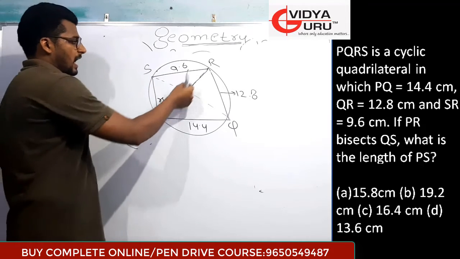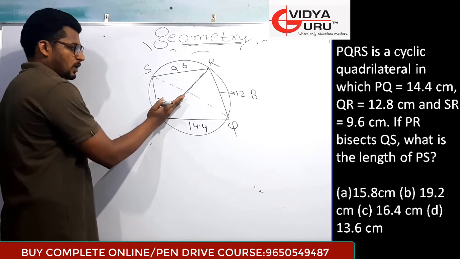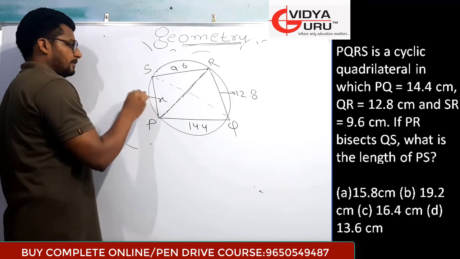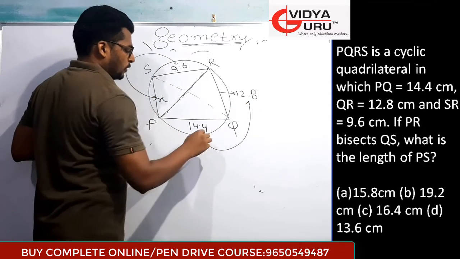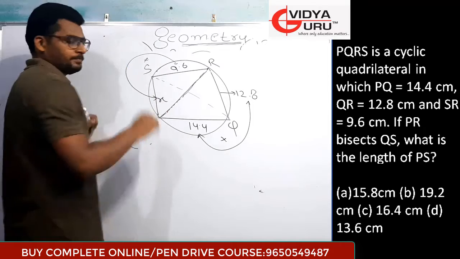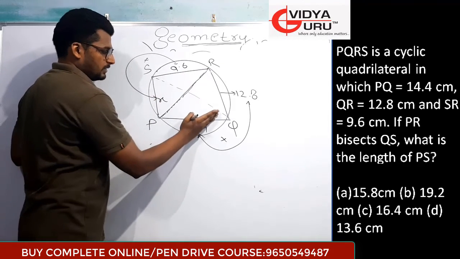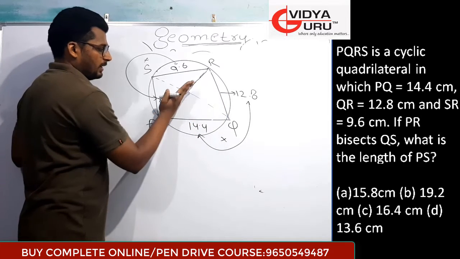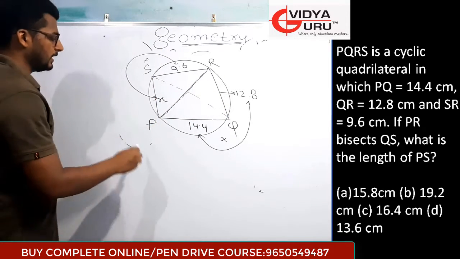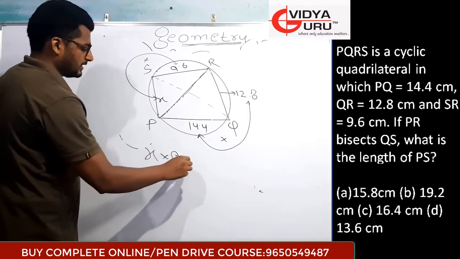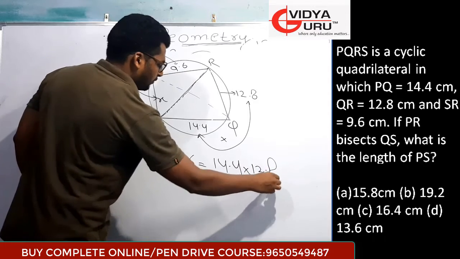If PR is bisecting, that means this diagonal is bisecting, then multiplication of the sides beside this, that means multiplication of these two sides, will be equal to multiplication of these two sides in a cyclic quadrilateral. That means x into 9.6 will be equal to 14.4 into 12.8.